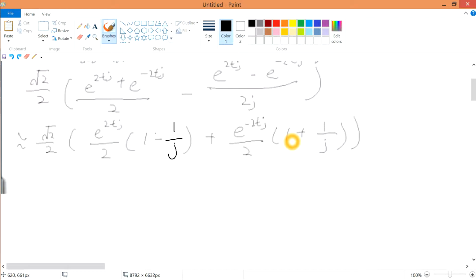Just rearrange, because I assume that everything is equal to 0. So I can just rearrange. Instead of 1 minus 1 over j, I can write this thing as j minus 1. You get what I mean?